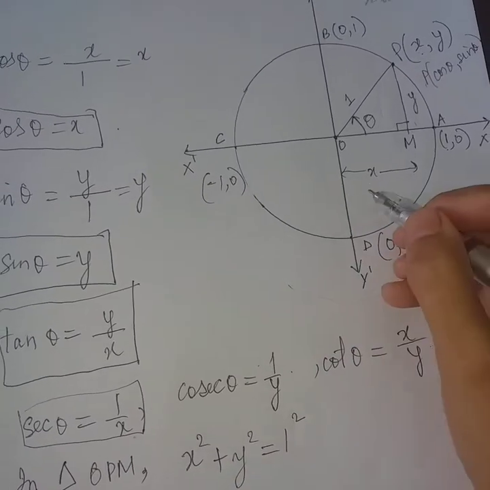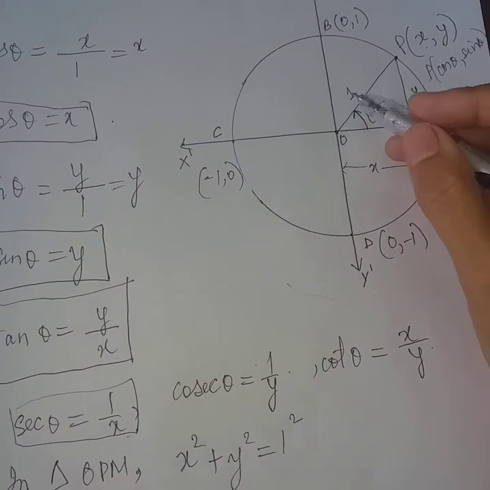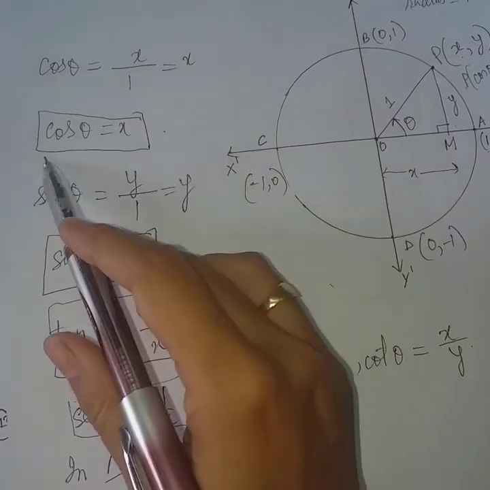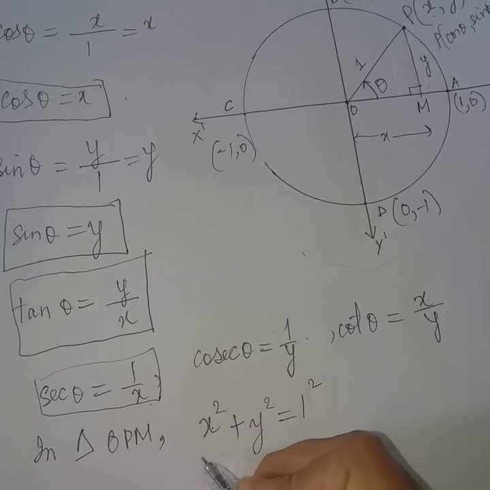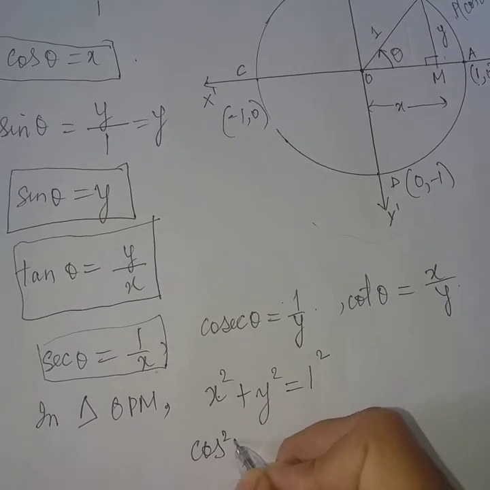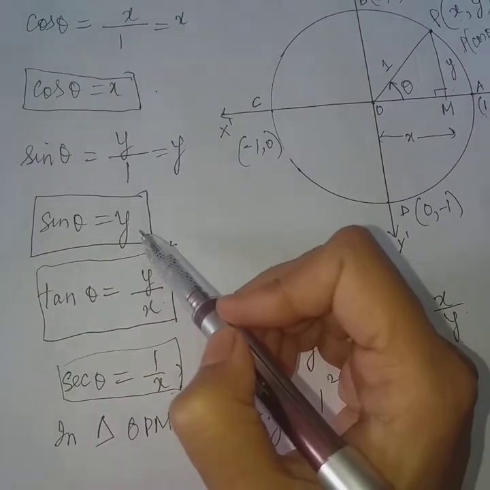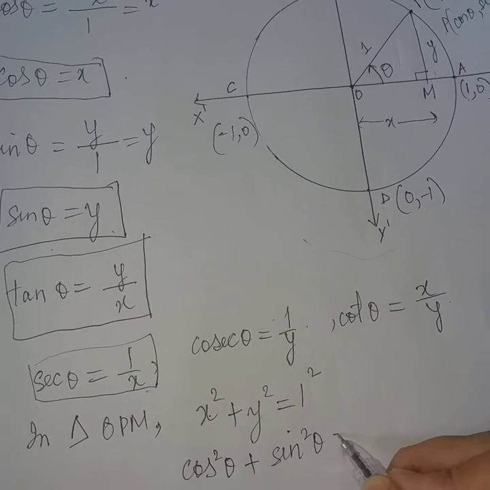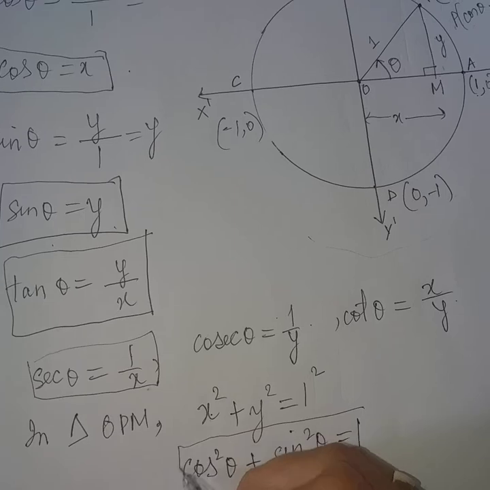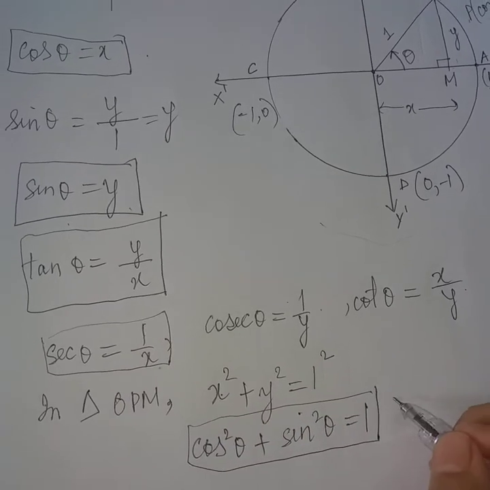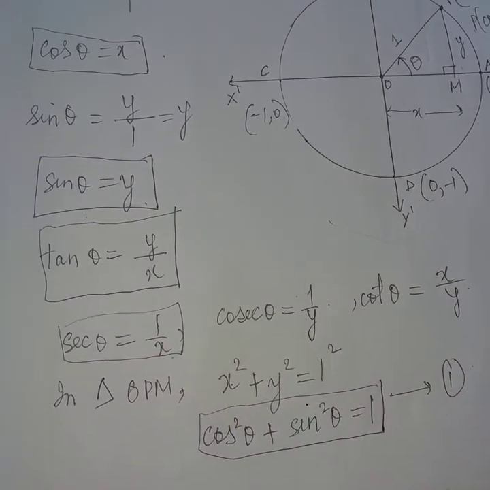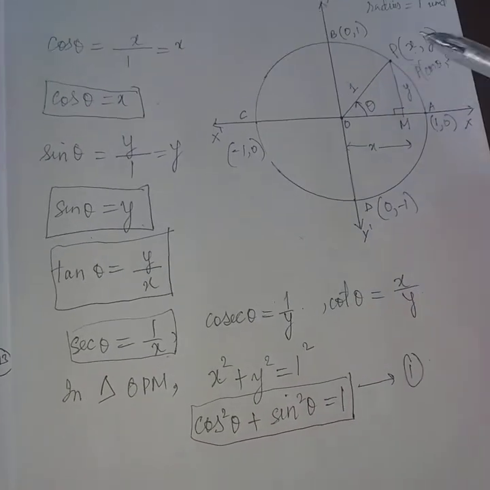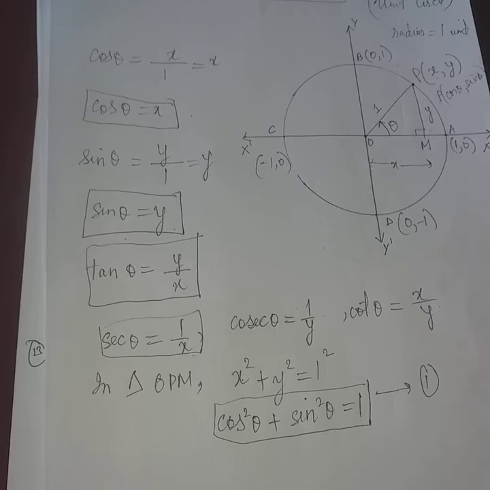Now x is equal to cos theta, so in place of x square we can write cos square theta, and y is equal to sin theta, so y square is sin square theta. So this is the first trigonometric identity. We already know this identity, but here we got the identity from the unit circle.